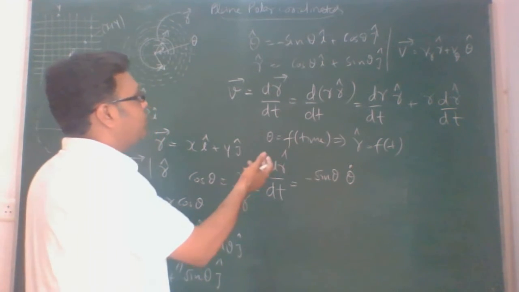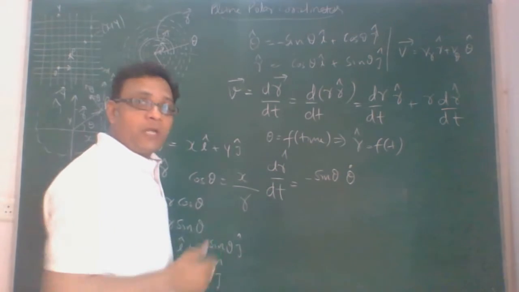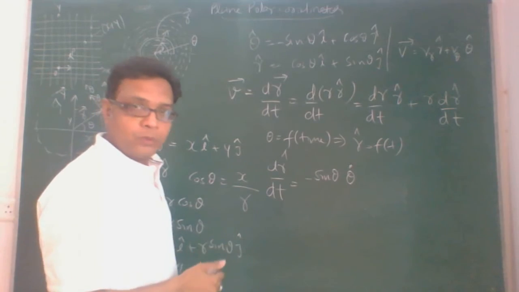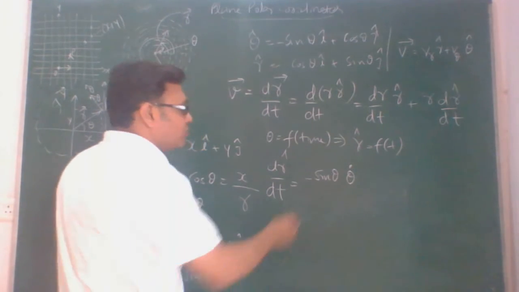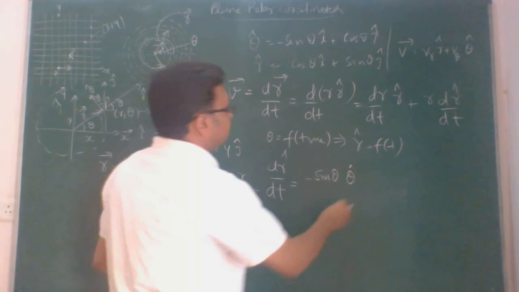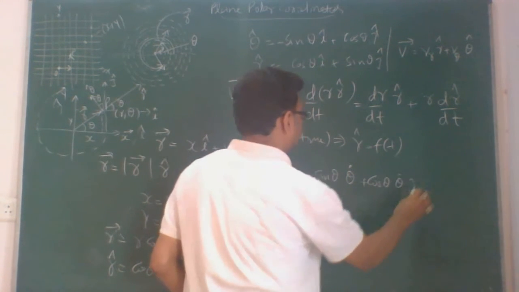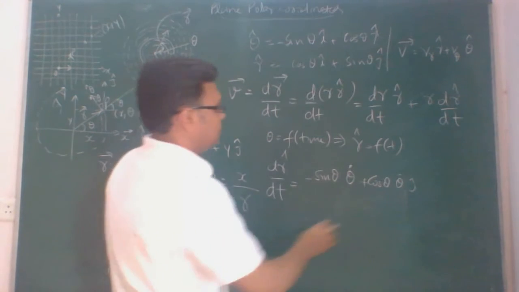Like dr by dt, which I'll be writing as r dot soon. So minus sine theta theta dot i cap, plus cos theta theta dot j cap.